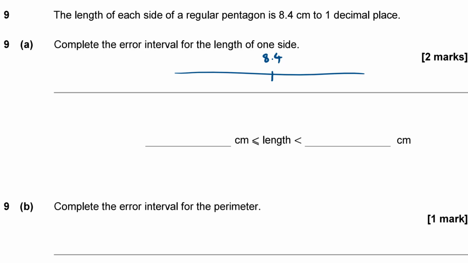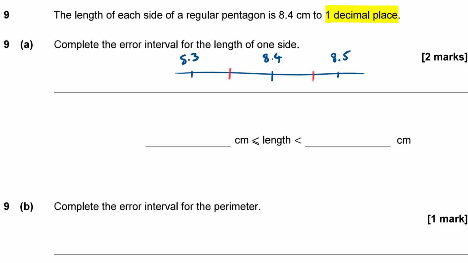If this was going up in one decimal place, the next one up from 8.4 is 8.5, and the one below is 8.3. The numbers that round to 8.4 are the ones halfway between those two, aren't they?